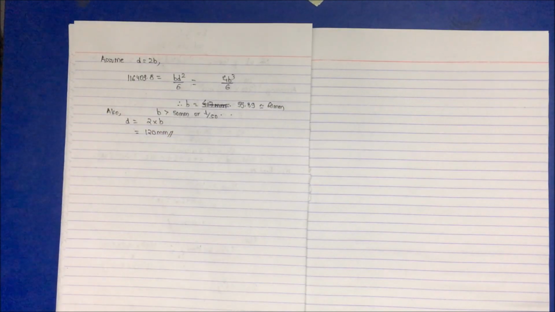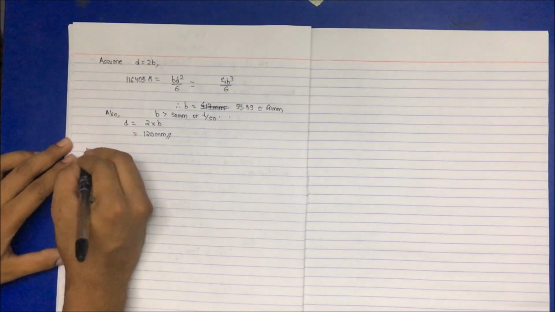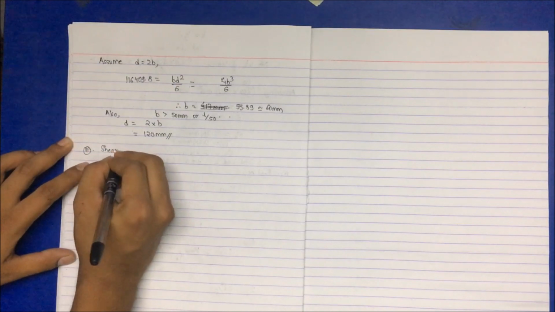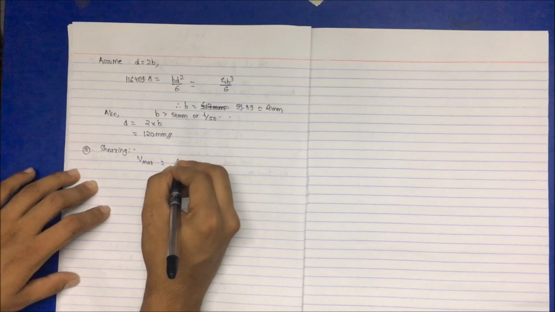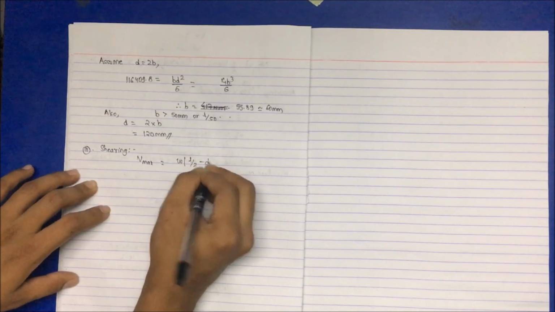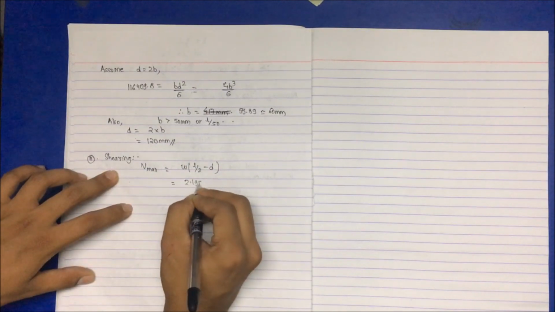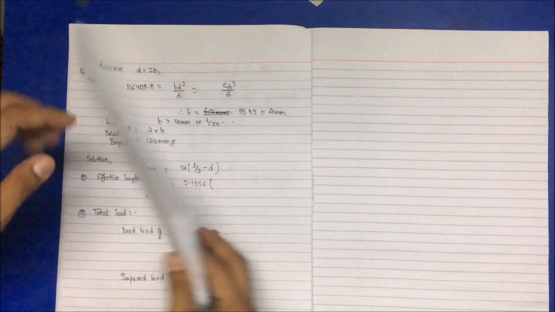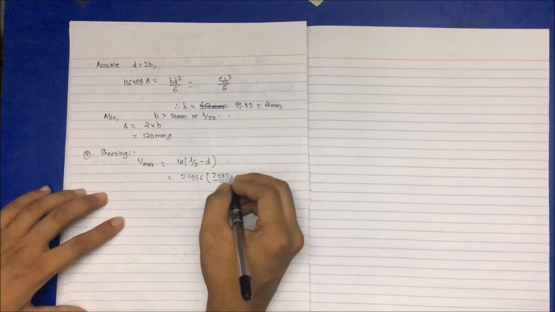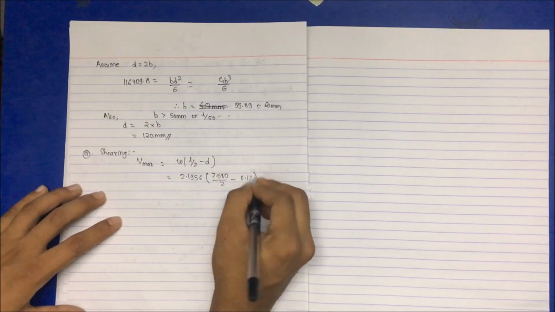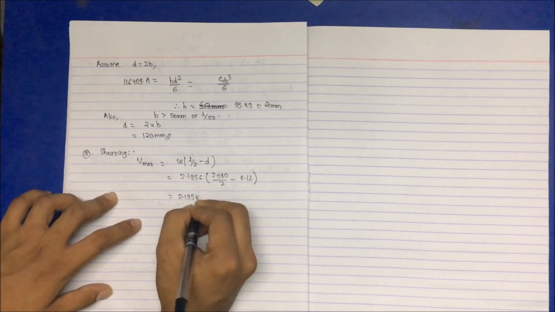Now the second step, this was the first step. For the second step we have to check for shearing. Check maximum shear is equal to W L by 2 minus D. W is the total load acting on it, 2.1956, L by 2, effective length is 2.080 by 2, minus D, the depth which we have provided as 120, giving 2.195 kilonewton.